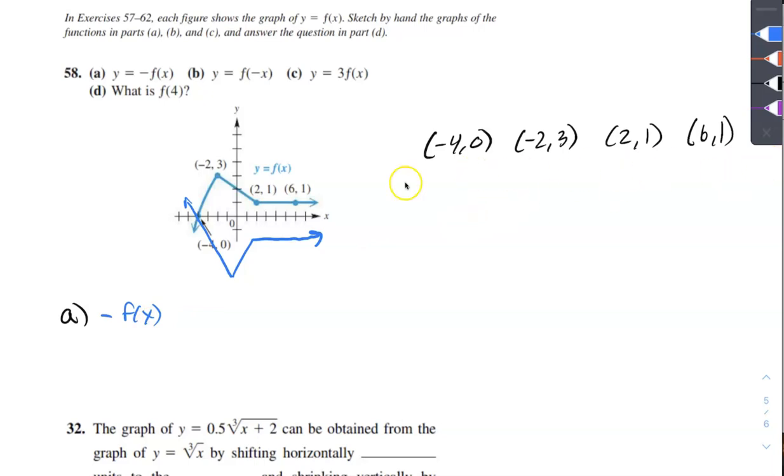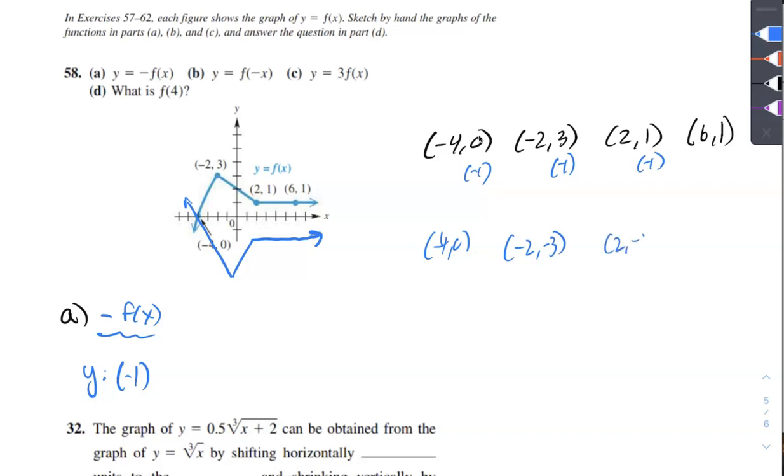Do the math for just the points, right? What this does is on your y's, it multiplies by -1. Because it's on the outside, you're multiplying by -1. So if you get all these points and on your y's, you multiply by -1, you get (-4, 0), multiply that by -1, you get (-2, -3), multiply the y by -1, (2, -1), (6, -1).